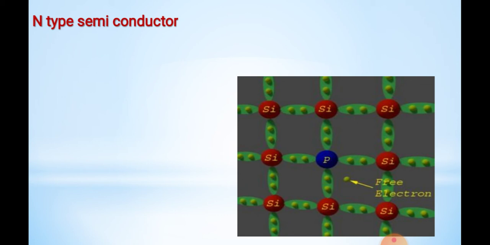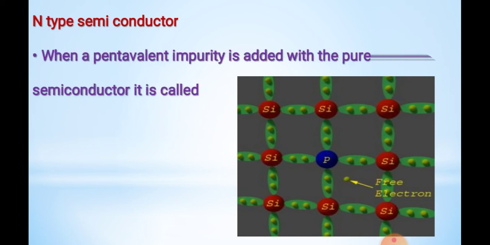Here when phosphorus is added, phosphorus has 5 valence electrons, but for making a covalent bond with the silicon it needs only 4 valence electrons. So 4 valence electrons form covalent bonds with the silicon.